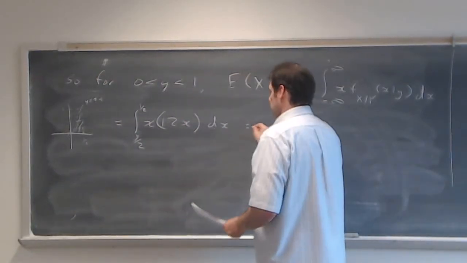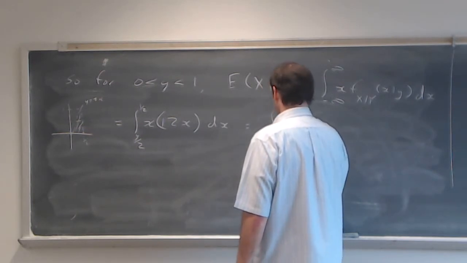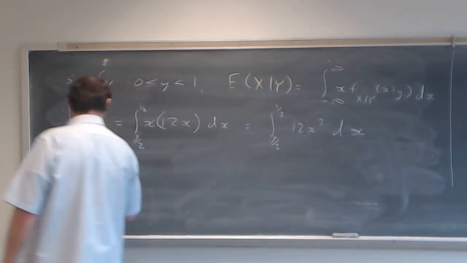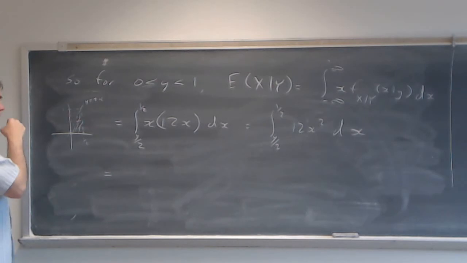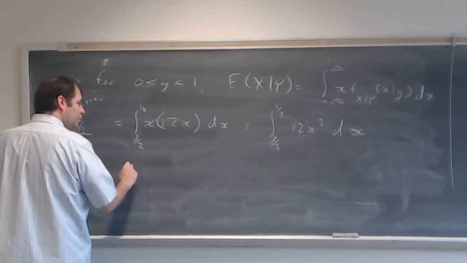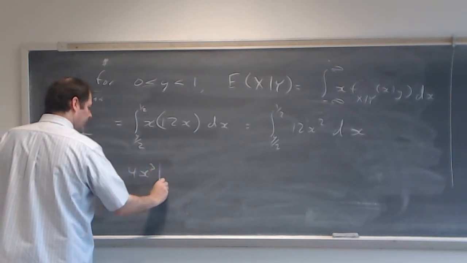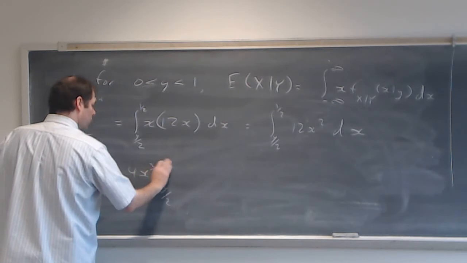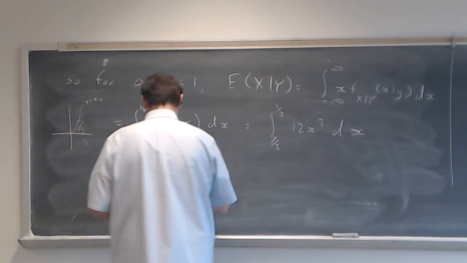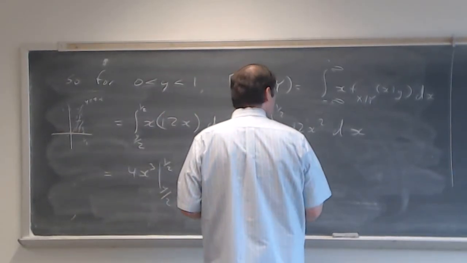So that's the integral from y over 2 to 1/2 of 12x squared dx. That's equal to 12x cubed over 3, so it's 4x cubed, evaluated from y over 2 to 1/2. I made a mistake.